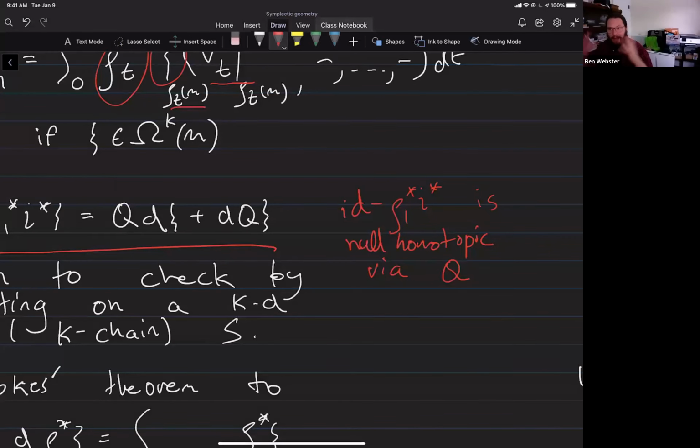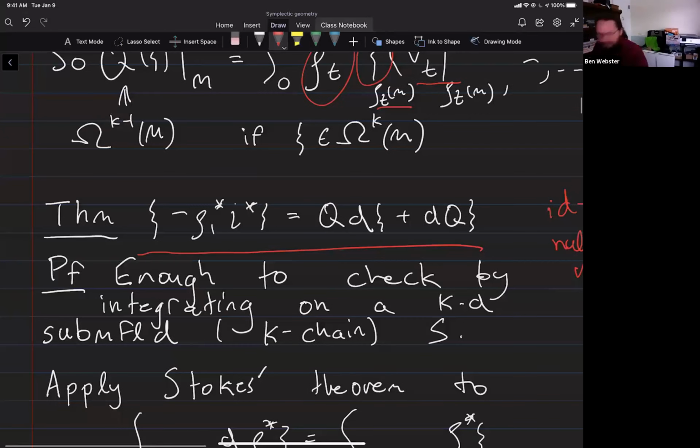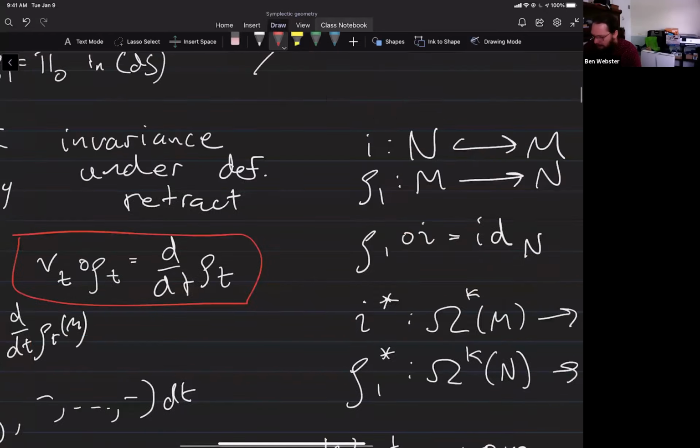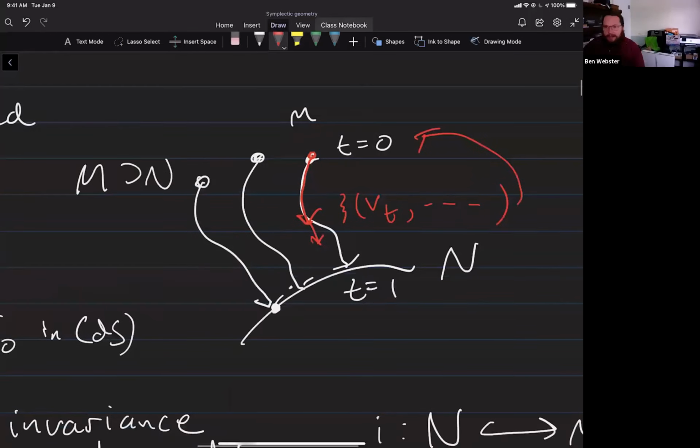This is an algebraic notion of homotopy that sort of corresponds to what's happening if you have a homotopy in your underlying thing, right? So if you're kind of used to homotopy language, one way to say what's happening here is the identity map on M is homotopic to the map projecting from M down onto N. This deformation retract, that's a homotopy between those two maps.